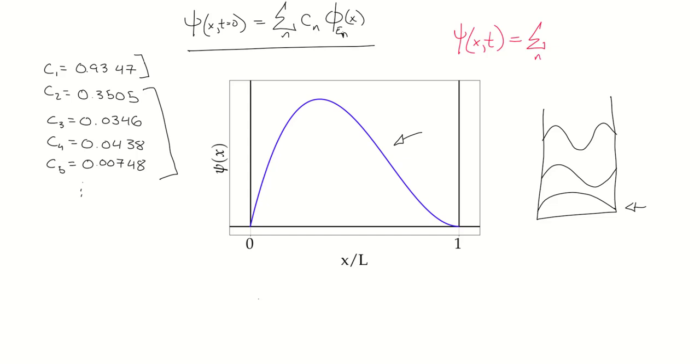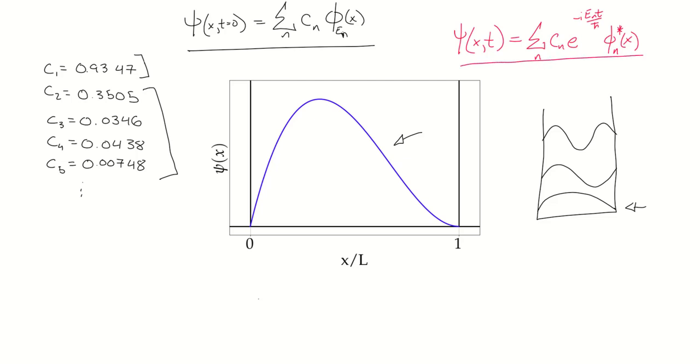It's the same sum over Cn in the energy eigenbasis with those Cn we just calculated. We just have to add those energy-dependent phases to that expansion, and now we have our wave function as a function of time.